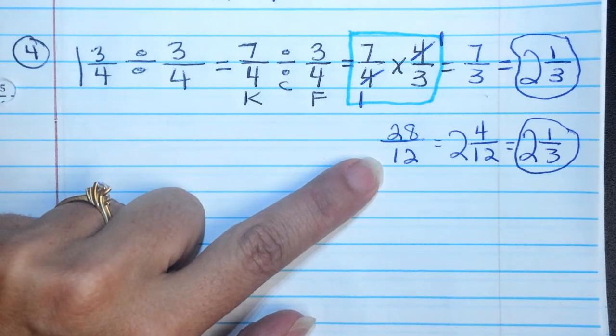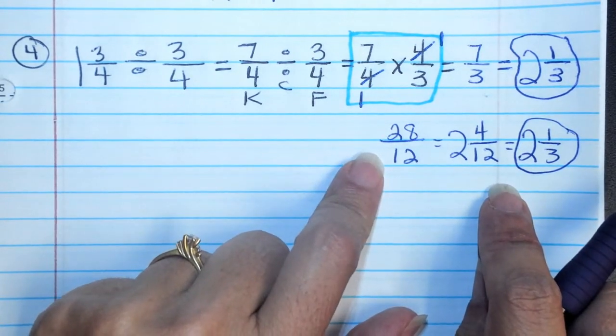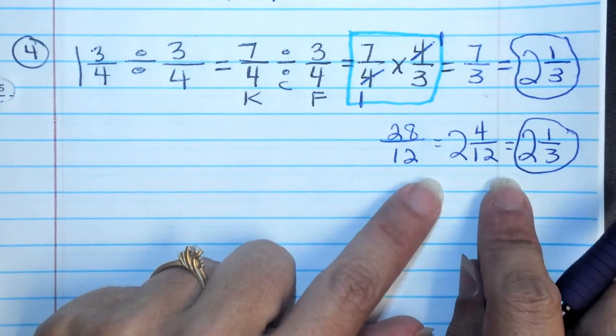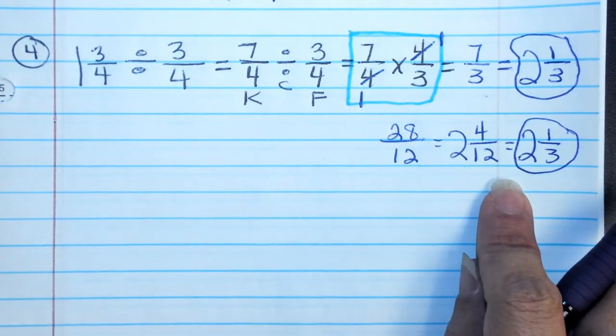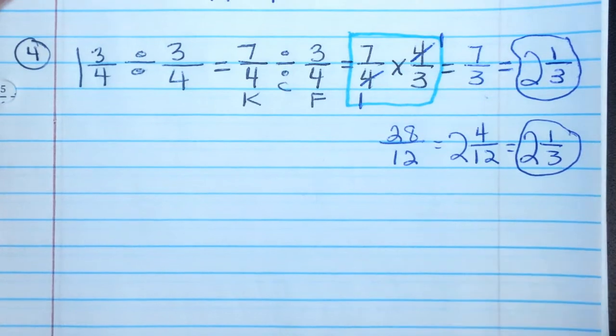Anybody different than me? Got a question? Try the next one then. If you really think you've got it, try number 5. Did you get it? Okay, try number 5 then. Don't wait on me. Interesting.